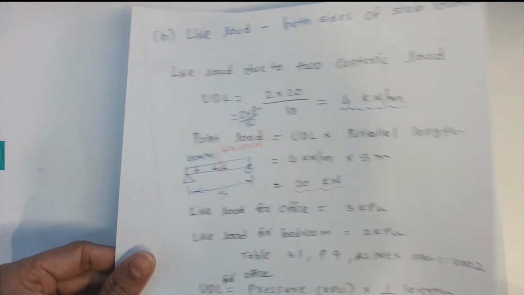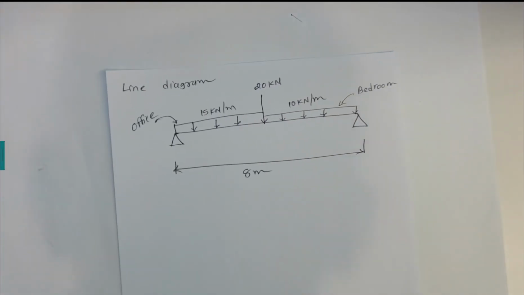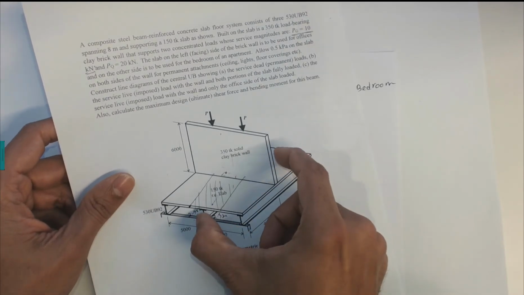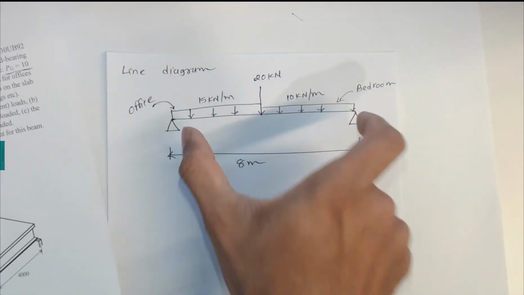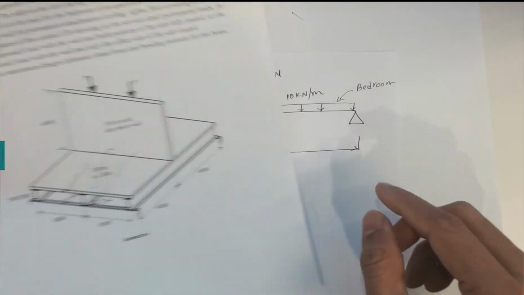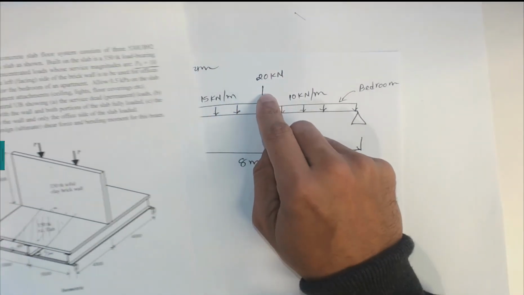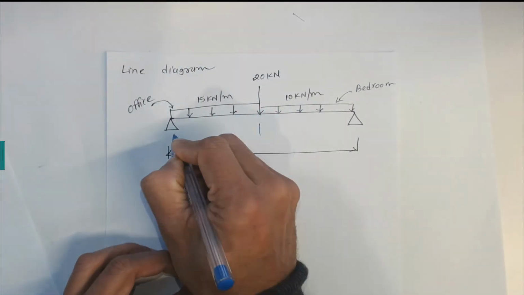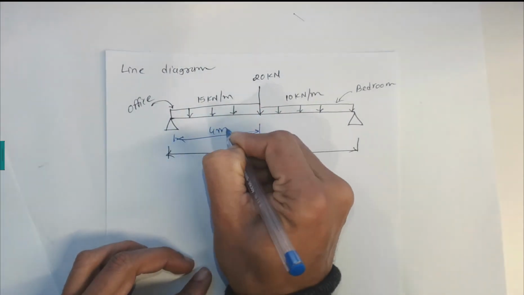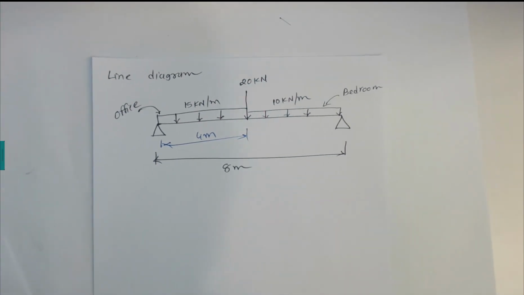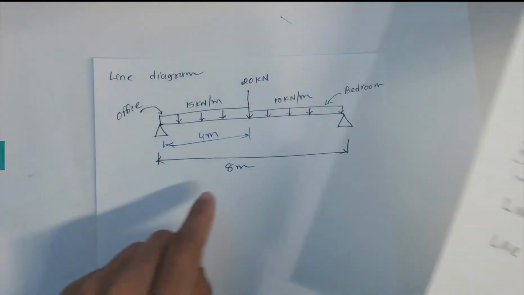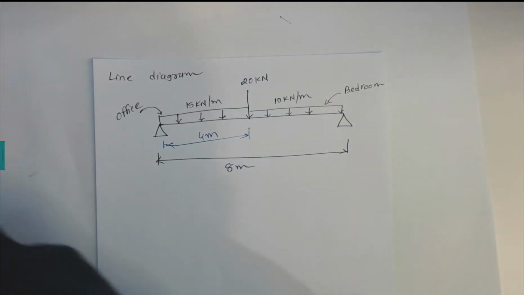Now we can draw the line diagram that is asked for in the question. I draw these steel beams 8 meters long, like this. The concentrated load coming from here is in the middle at 4 meters, and we calculated it as 20 kilonewtons due to the two concentrated loads.